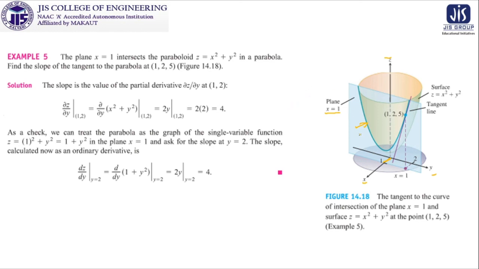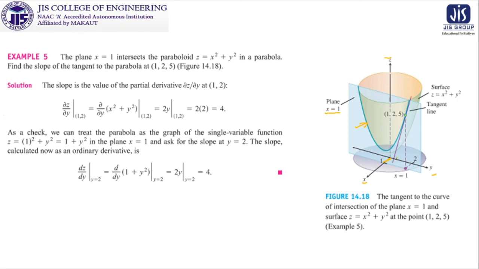This is the parabola, and as this parabola is in space, this 1, 2, 5 is on this particular point. This one is the x part, because x equal to 1. On this plane, this parabola is there, so x will always be 1, and 2 and 5 are there.